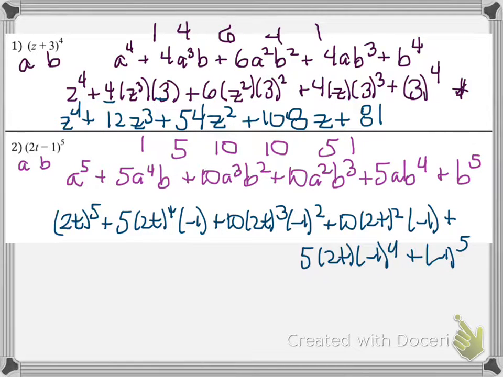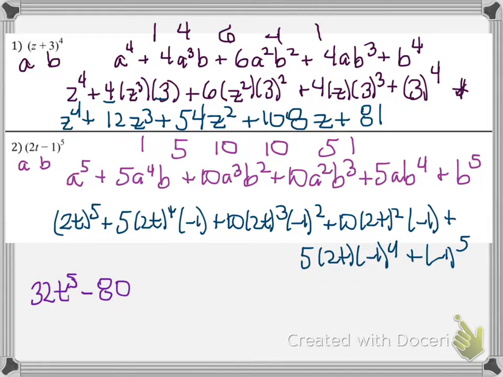So now we just simplify. And so this simplifies to 2t to the 5th is 32t to the 5th plus 2 to the 4th is 16. 16 times 5 is 80. And actually this is going to be a negative, because we have the negative 1 here.